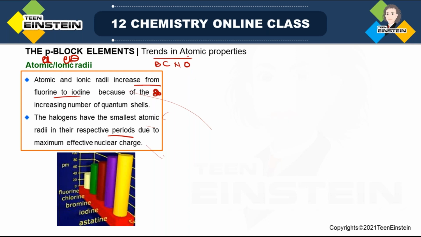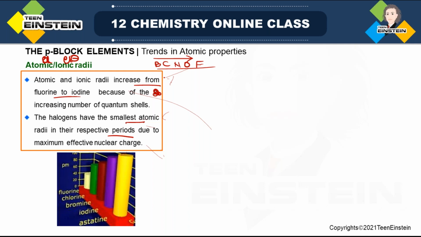So gradually, when you are moving from left hand side to right hand side, the size is decreasing. So it will have the smallest atomic radii in the respective period. So you cannot compare second period elements with the third period, because there is a change in quantum shell. So when you are comparing along the period, you have to consider the same period. Then only comparison is possible.